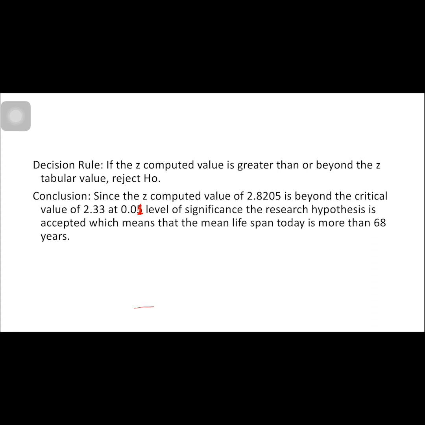To illustrate that, we have here our normal curve. Our critical value or tabular value is 2.33 and our computed value is located here, 2.82. So again, it belongs to the rejection region.